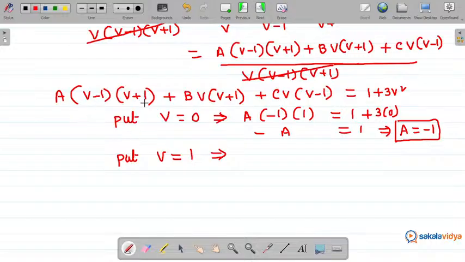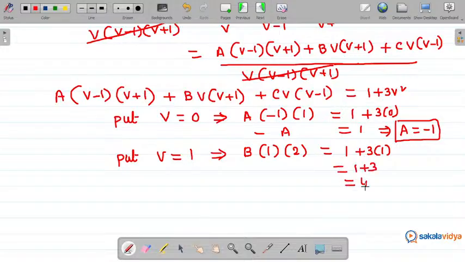So 0 into v plus 1, 0 a, the c into 0, 0, only you are going to get the b value. In the place of v, 1: b into 1 plus 1, which is 2, equal to 1 plus 3 into v square, 1 square is 1 only. So 1 plus 3, that will be 4. So 2b is equal to 4. So b is equal to 4 upon 2, that will be 2. So therefore b is equal to 2.